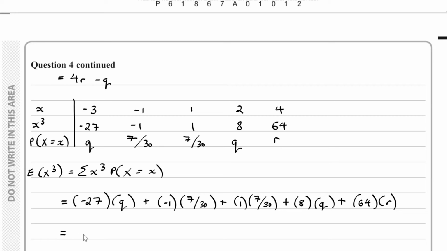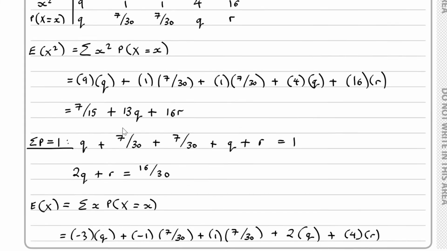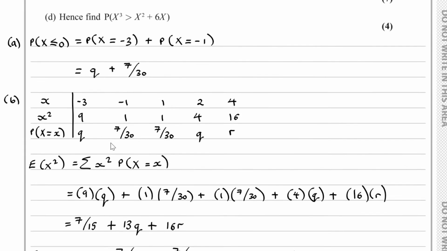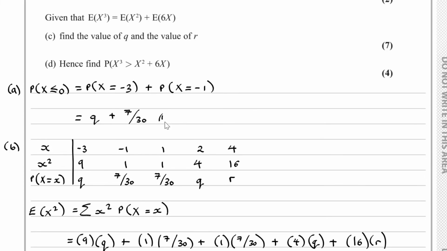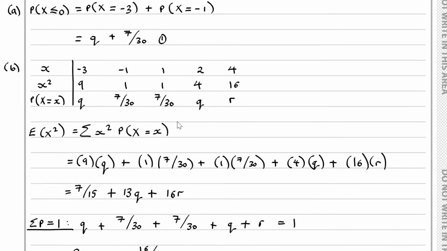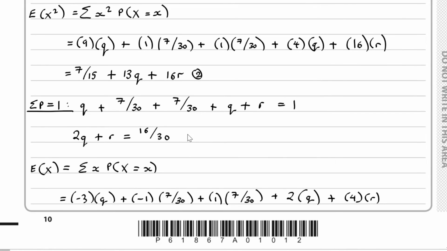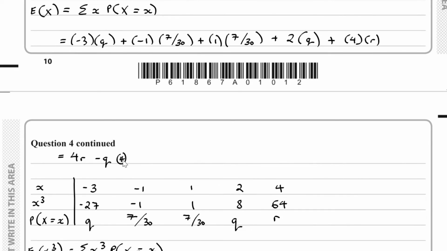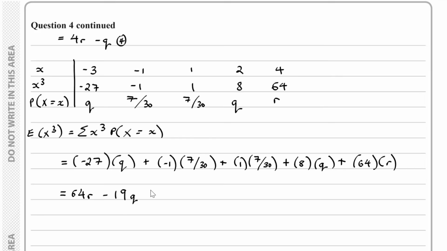So we end up with 64r minus 19q. Okay, and we were told that this value over here, well, actually let's just label our equations. Call this equation 1, call this equation 2, call this equation 3, we'll call this equation 4, and call this equation 5.